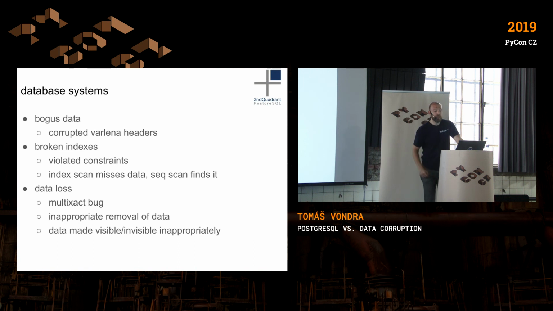Those should all be currently fixed. We don't have any live data corruption issues that we are aware of. And this is one of the reasons why you should update the database when we release a new version, right? Because the minor versions may not be adding new features, but they are definitely fixing data corruption issues once in a while.